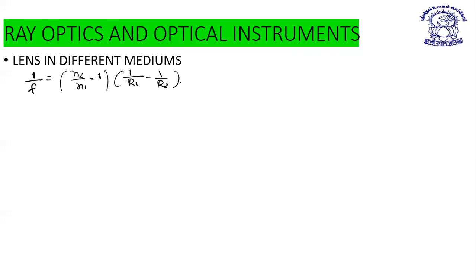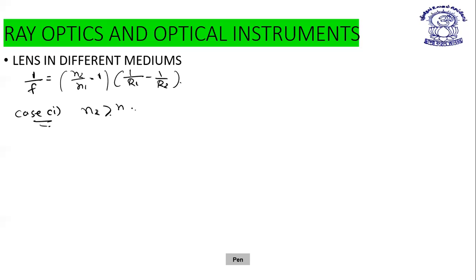If lens is placed in a medium of refractive index greater than the refractive index of material of glass, so if it is placed in a medium of refractive index n2, which is greater than the refractive index of glass, n1, then nature of lens will not change.